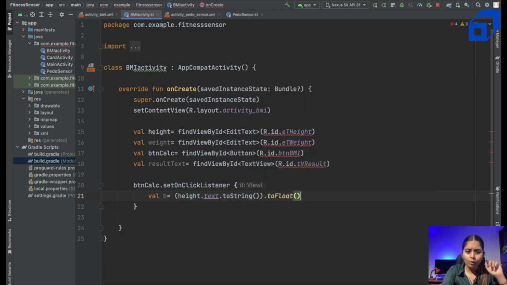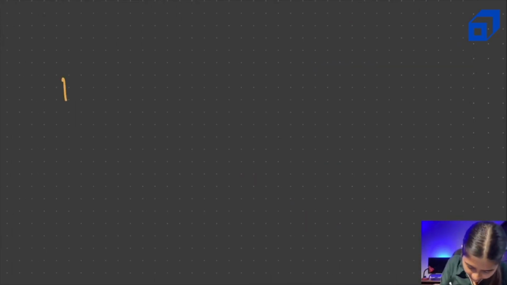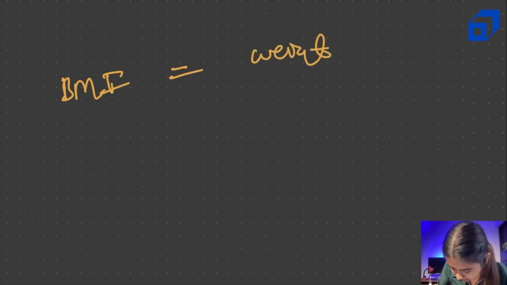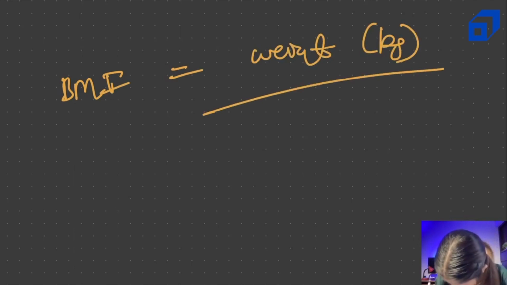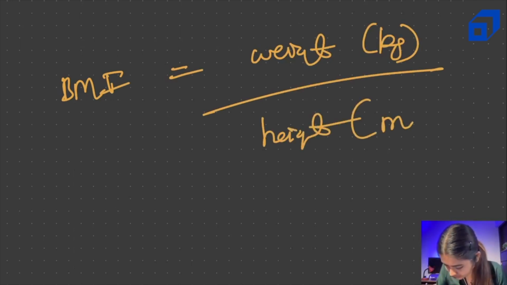And one more quick thing, let me show you on iPad so that you don't feel I'm missing something. The formula to calculate BMI is BMI equal to weight in kgs divided by height in meter, height square actually in meters.